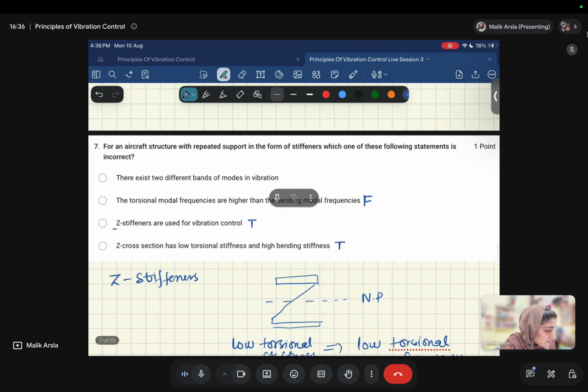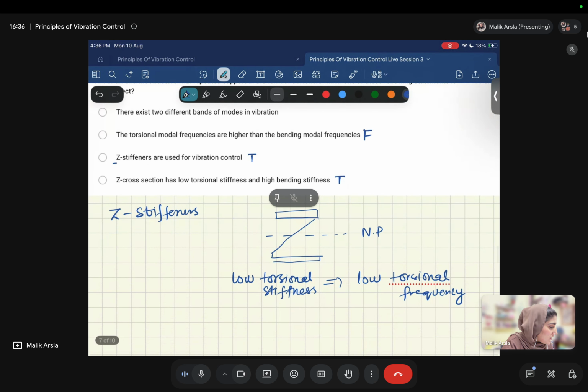Now it's simple. There exist two different bands of modes in vibration, which is correct because there are two different bands, one is the torsional and one is the bending.